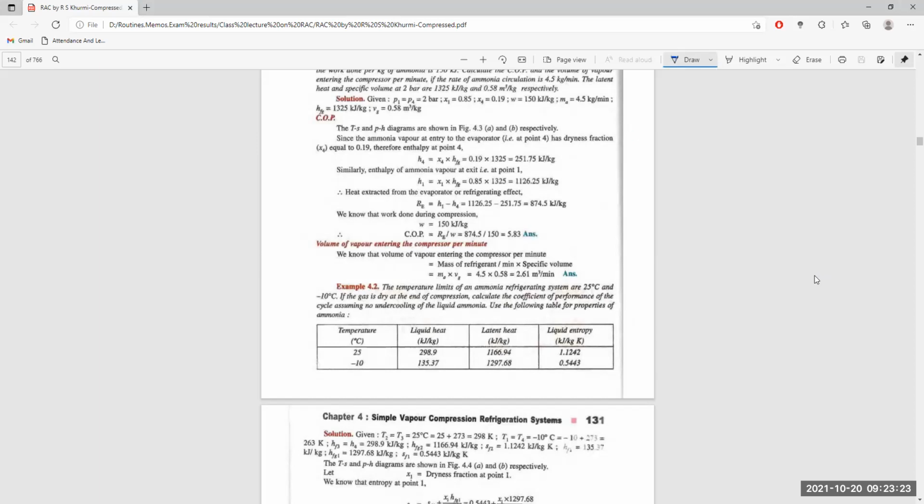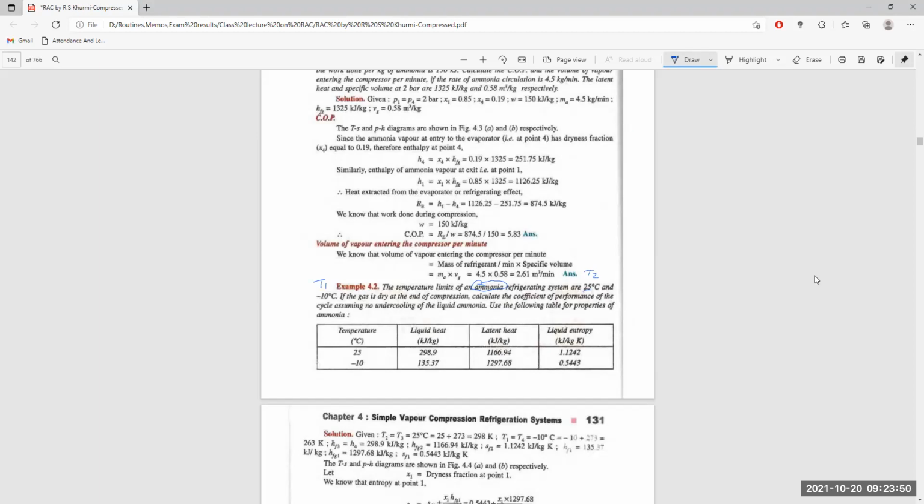First, the problem is, what are the temperature limits of an ammonia refrigerating system? Here, in this problem, we are using an ammonia refrigerating system. It is ranging from T2, the higher temperature, and T1, the lower temperature. It is arranged between 25 degrees centigrade and minus 10 degrees centigrade.